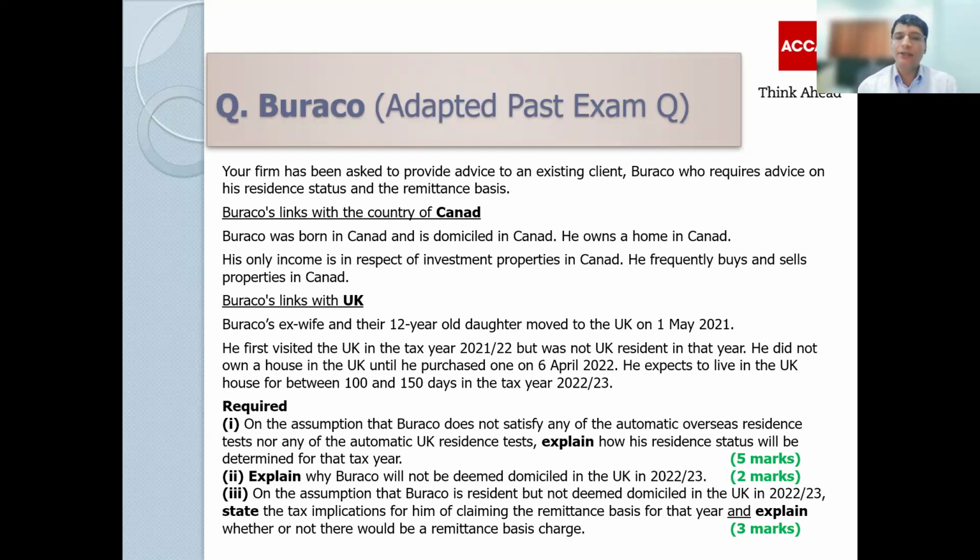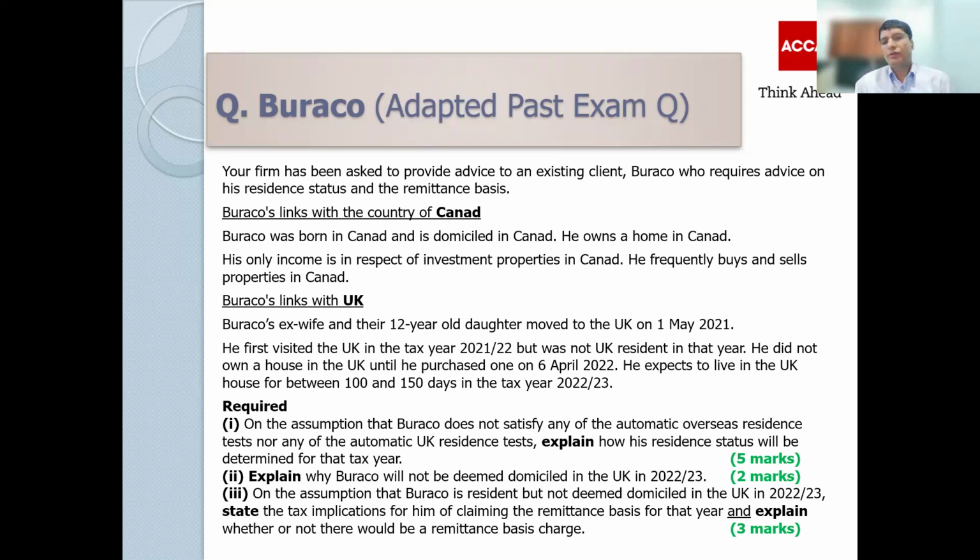So it is actually telling you, if you remember, what to explain is the sufficient ties test. The question has already mentioned that he doesn't satisfy the overseas test and the automatic UK test. So you need to straight away go to sufficient ties test and look at the marks. So the 5 marks means obviously you need to have good 5 points plus 1 or 2.